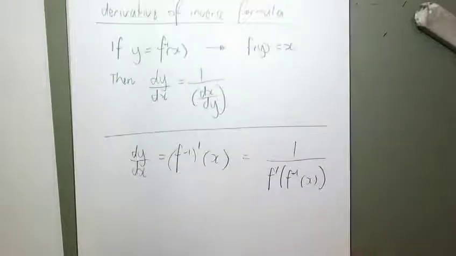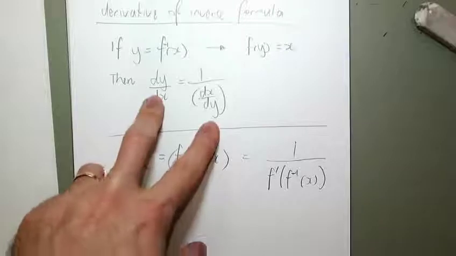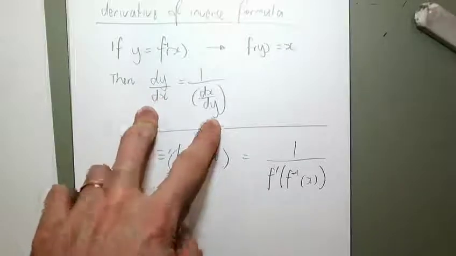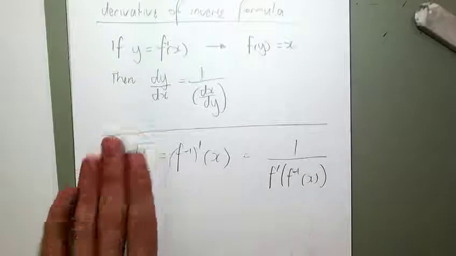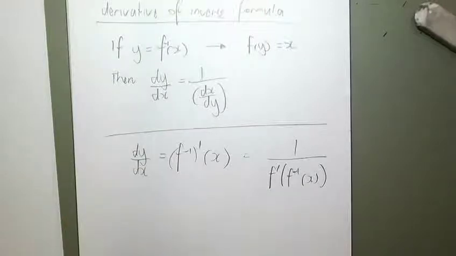These are the two different versions of the derivative of an inverse. One of them uses Leibniz's notation with the fractions dy and dx, and the other one uses Newton's notation with the dashes. They are the same thing, but one of them is more useful for doing proofs and the other one's more useful for doing calculations. So this one's good for proofs.